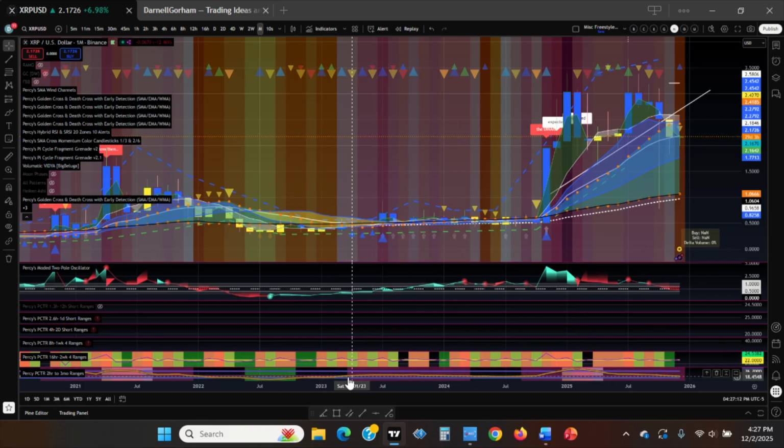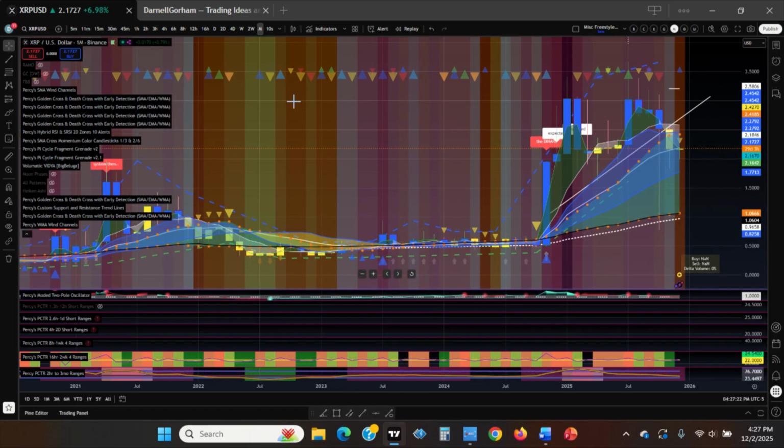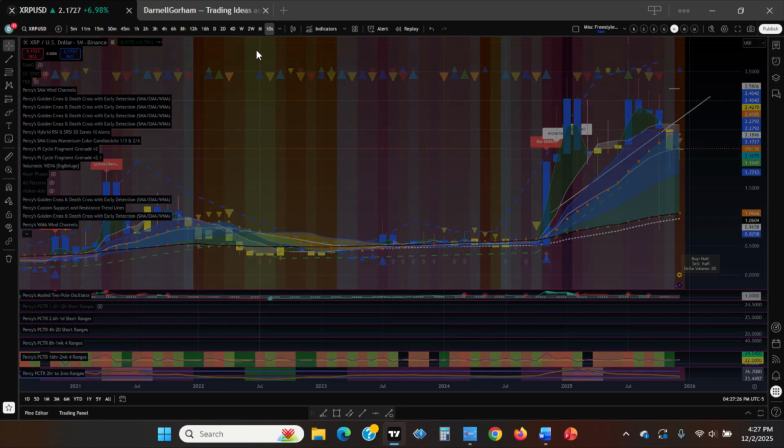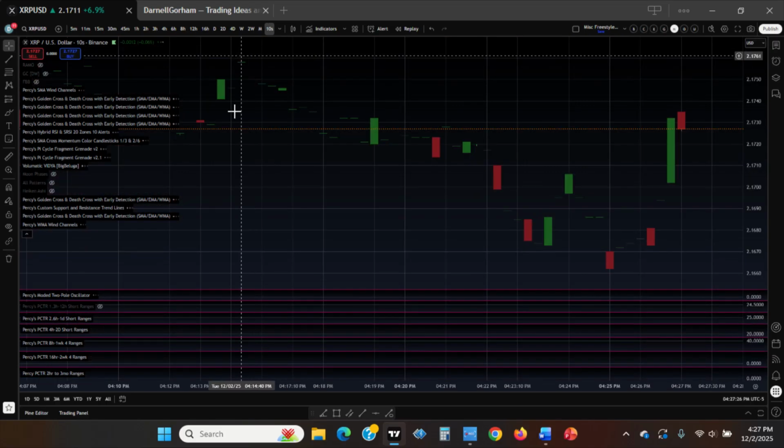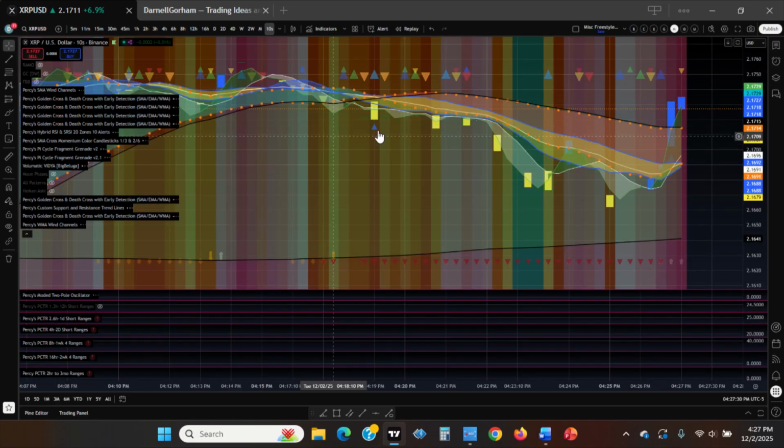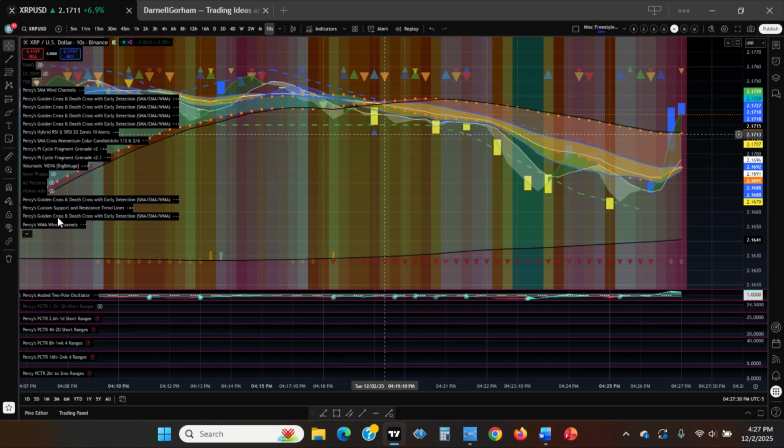And let's double back to the 10-second chart. Because the candles are so thin in most places, let's take away the larger wind channel so everything pops up for us. Yeah, it's just so massive on the golden cross of the 50 and the 200.